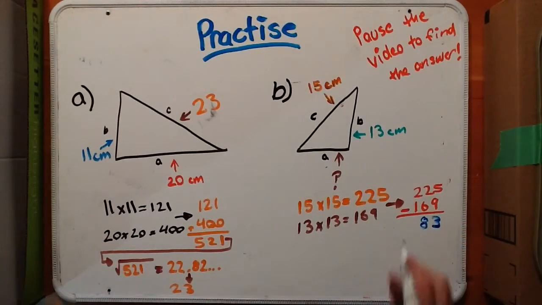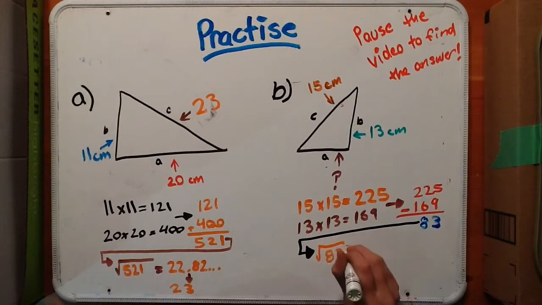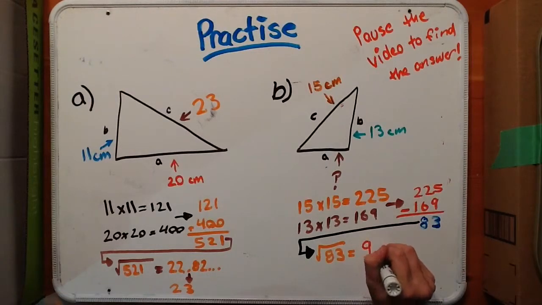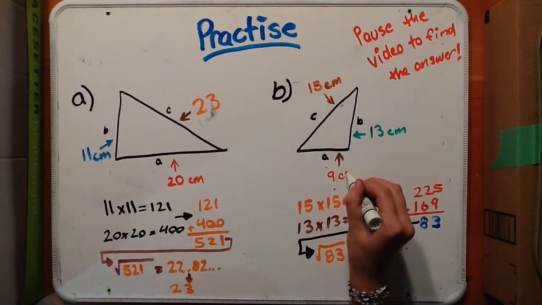Now, follow the arrow of magicalness. You will get to the square root of 56. And the square root of 56 is equal to 7.48. And if we simplify it, we're going to round it, so it's going to be about 7. So, the question mark has turned to about 7 centimeters.